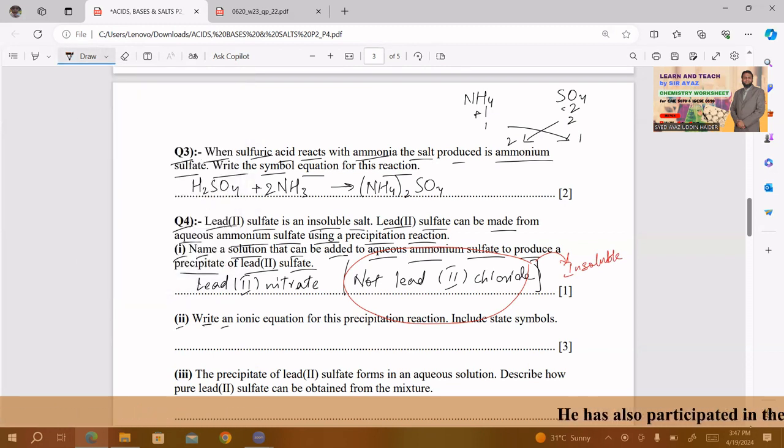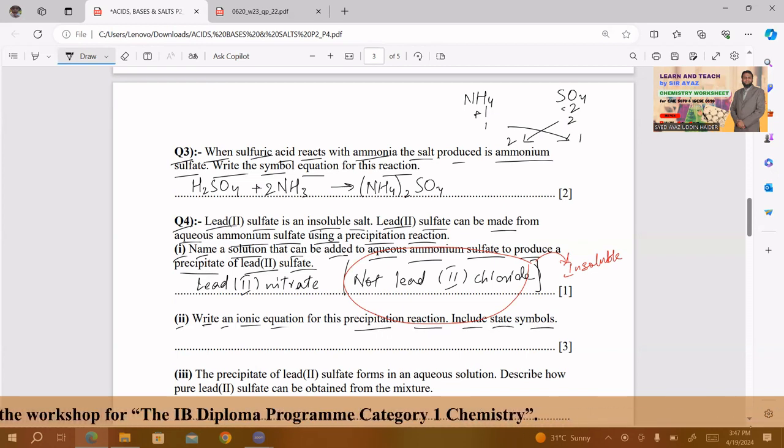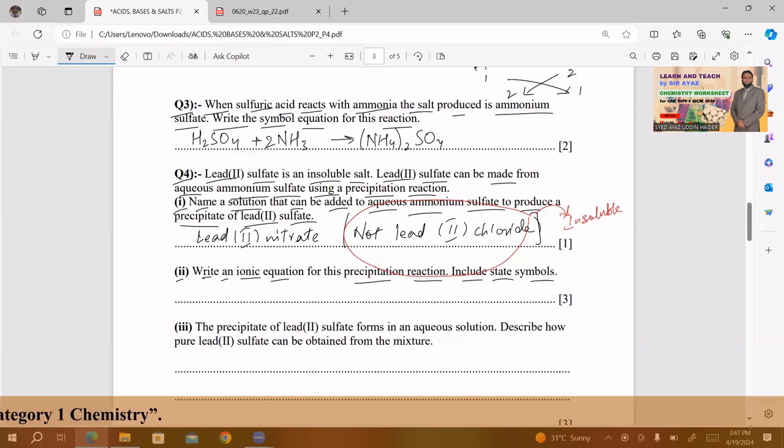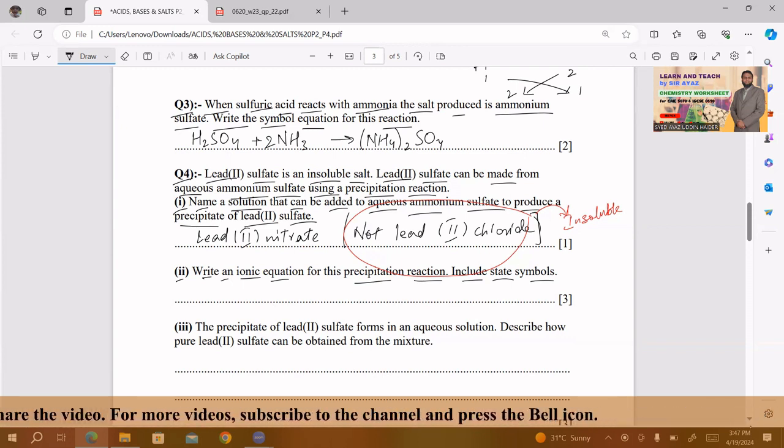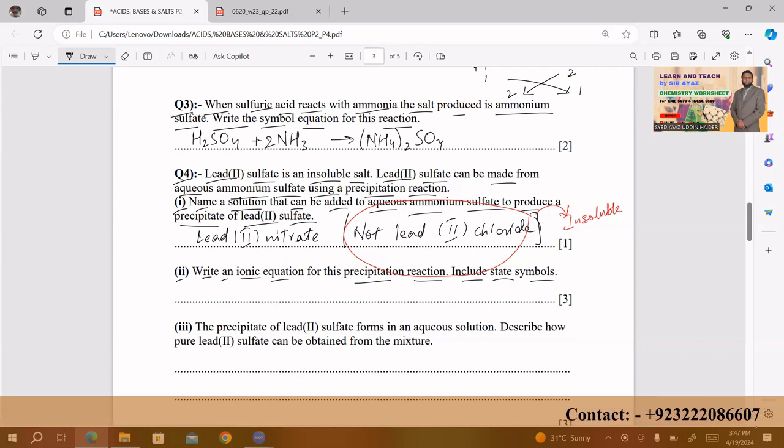Number 2, write an ionic equation for this precipitation reaction. Include state symbols. Now you want to write the ionic equation for this reaction. One of the reactants is lead(II) nitrate. Lead(II) nitrate is soluble, and the other reactant is ammonium sulfate.